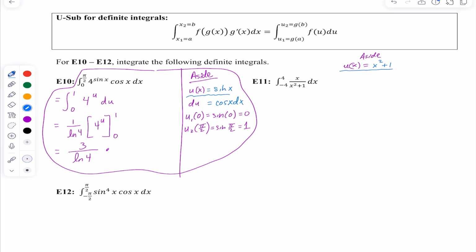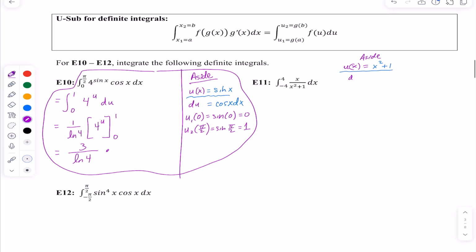Write our equation of differentials. And now we need to find our u sub 1, which is the function evaluated at -4. And then we need to find u sub 2, which is our function evaluated at 4.